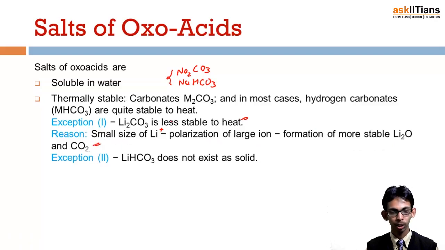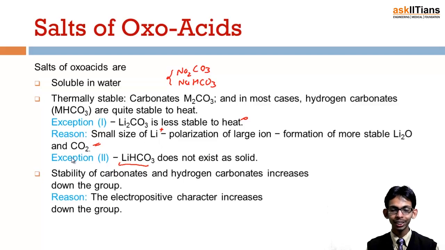So this is an anomalous property of lithium, that its carbonate is not stable to heat, while in general all the alkali metals form carbonates or hydrogen carbonates which are stable to heat. And next, lithium hydrogen carbonate does not exist in solid form, while the rest of them exist in solid form.